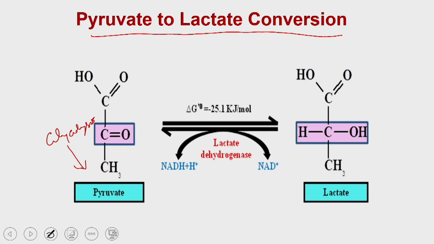Instead, the pyruvate will be converted into lactate or lactic acid, and in this process one molecule of NADH is converted into NAD plus, and the enzyme which catalyzes this reaction is called lactate dehydrogenase.